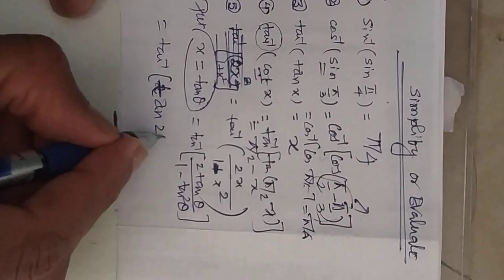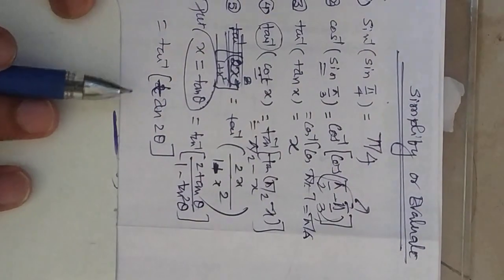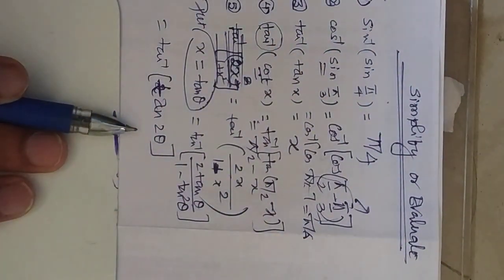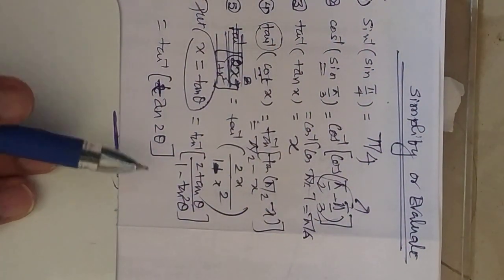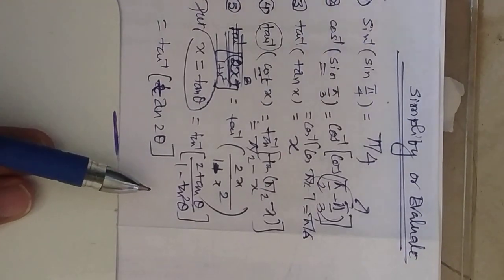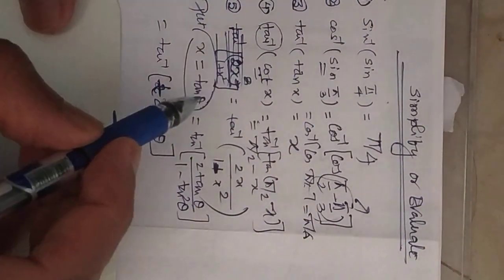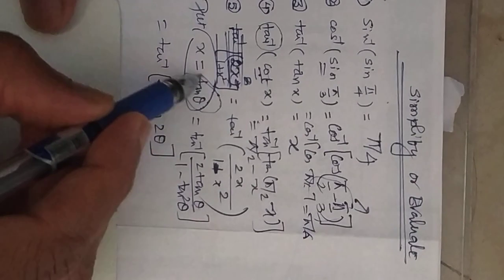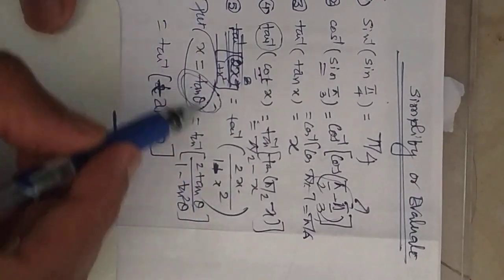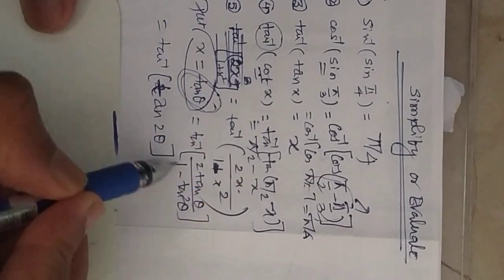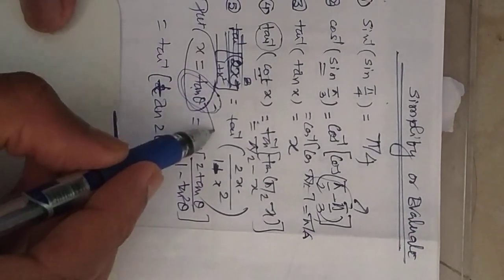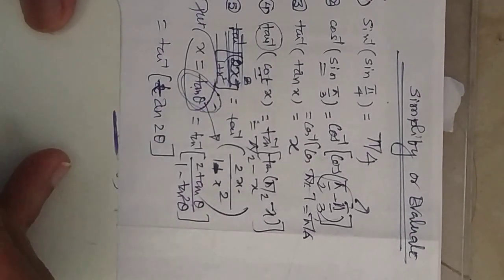Do you remember the class 11th remark? Tan a plus b, if you apply, then it will be 2 tan a upon 1 minus tan square a. Why is another replacement not possible? If you replace over here something apart from tan, you will not get it in terms of tan. So this replacement you have to think.